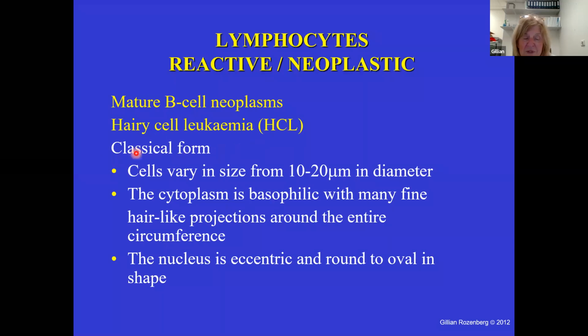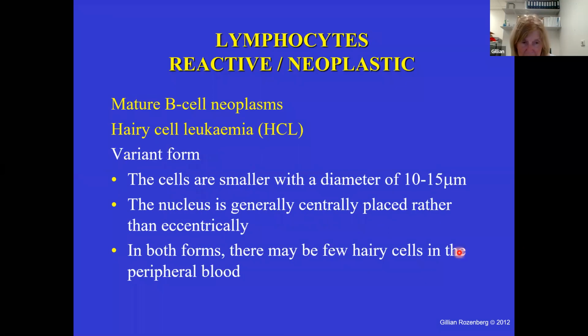So just look at the difference in the actual morphology of these two types. Looking at the classical form, the cells vary in size from 10 to 20 microns in diameter. The cytoplasm is basophilic with many fine hair-like projections around the entire circumference, and the nucleus is eccentric and round to oval in shape.